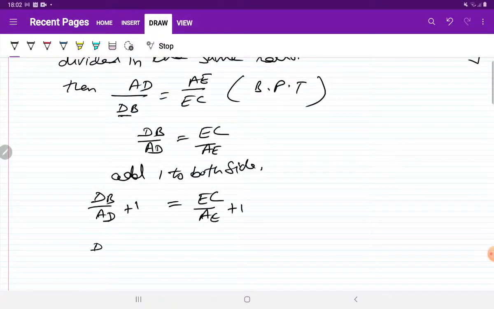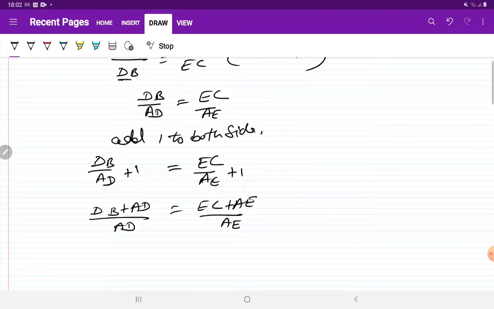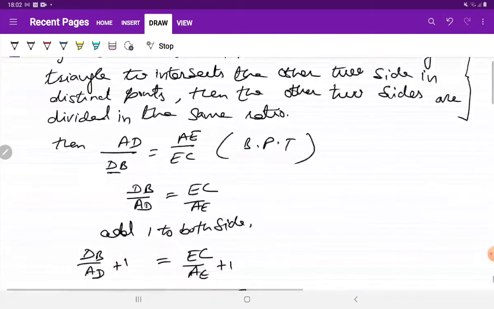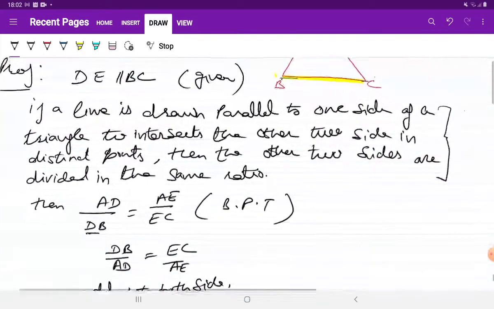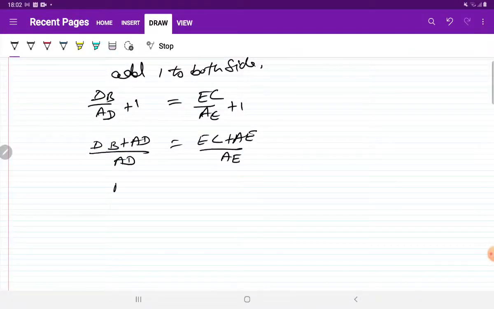So I have DB plus AD upon AD is equal to EC plus AE upon AE. What I did was just LCM. Now DB plus AD, come to this diagram, DB plus AD is AB. So AB upon AD is equal to, again, EC plus AE.